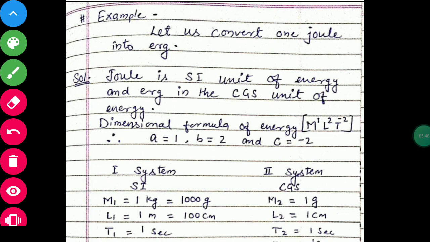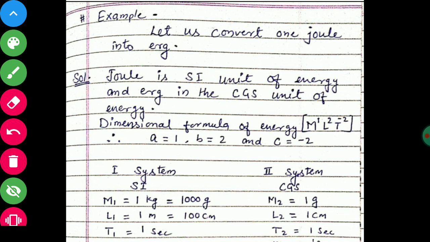To simplify, we can take an example. Let us convert 1 joule into erg. Joule is the SI unit of energy, and erg is the CGS unit of energy.